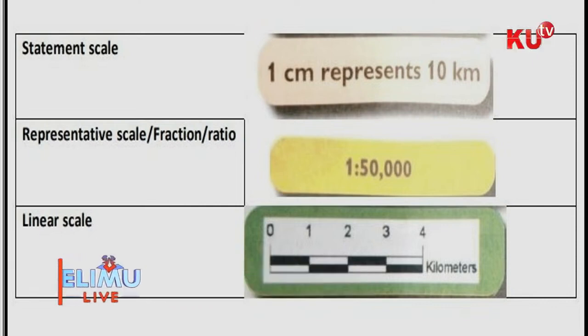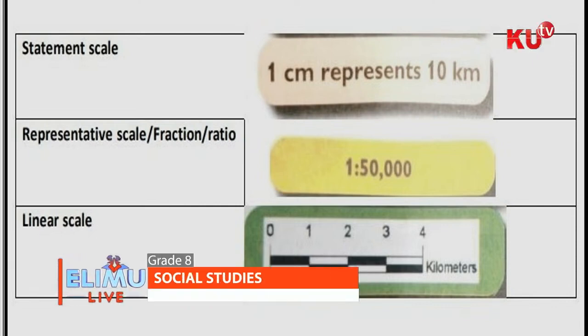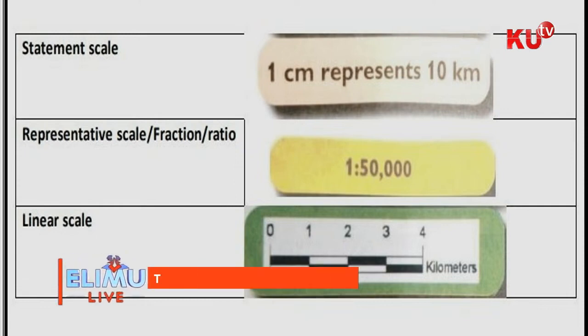As you can see on the screen, statement scale is 1 centimeter represents 10 kilometers. Representative scale, which is also known as ratio scale, is 1 is to 50,000. Then linear scale is in the form of a line bar. So those are the types of scales that we have in social studies that we use when we are studying.